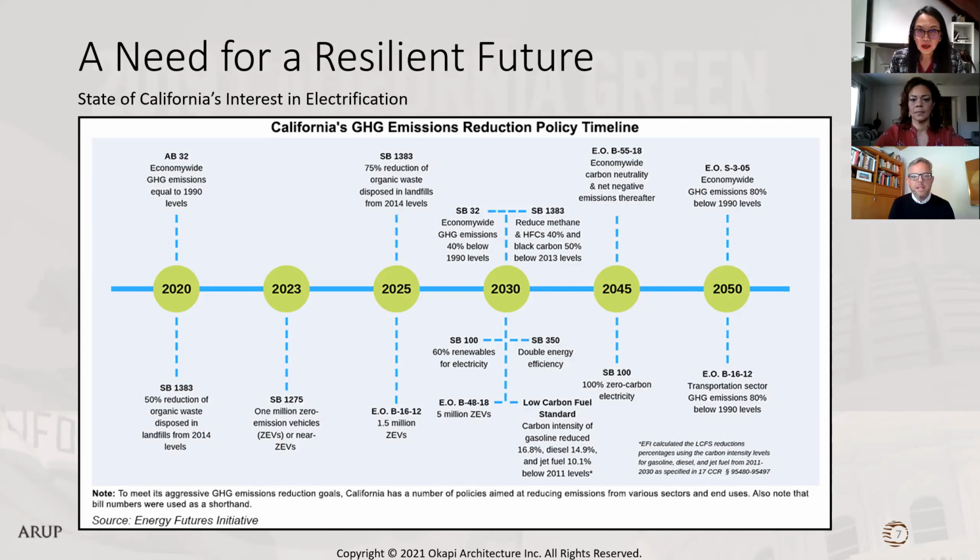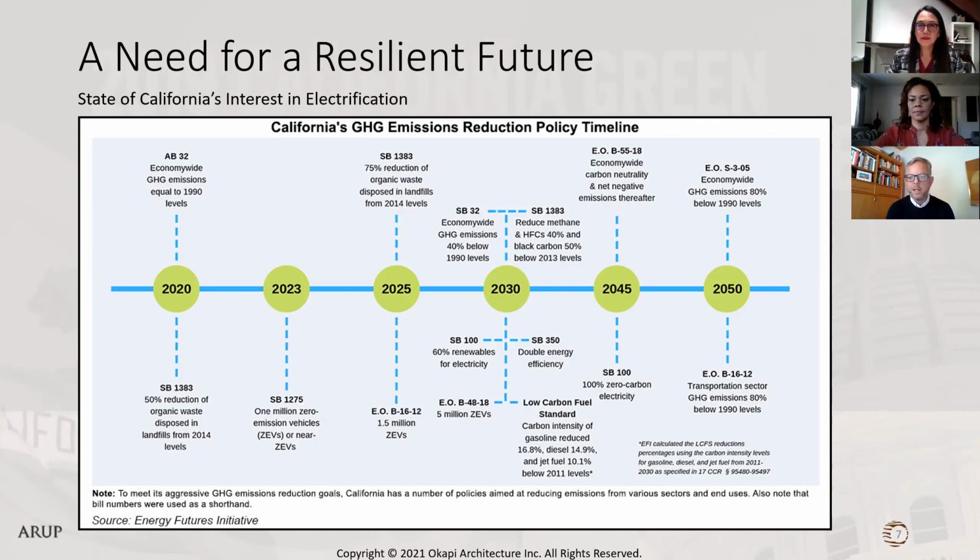And so these are all programs that are tied to the state's climate action plan to basically be a zero emission state by 2050, or 2045 if you're looking at the energy grid.